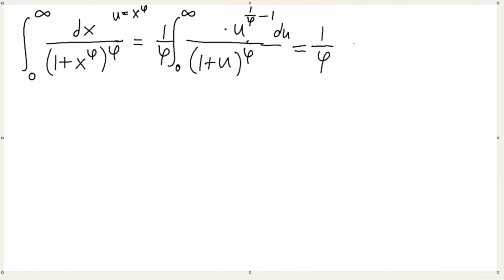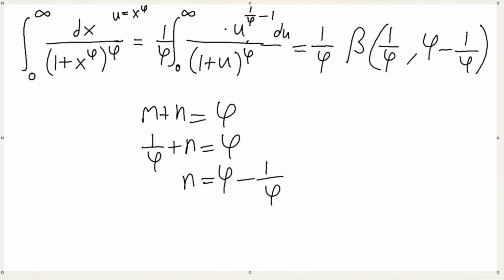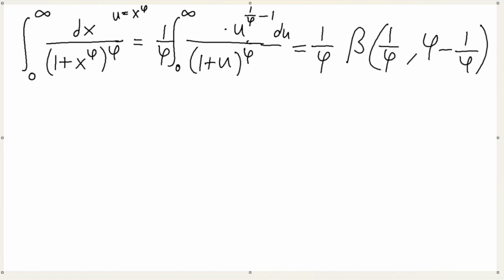This is 1 over phi times the beta function of m and n, where m is 1 over phi, and m plus n has to equal this, which we know is 1 over phi, right? So what's n equal to? 1 over phi. So this is beta of 1 over phi, 1 over phi. Got it. So now what?